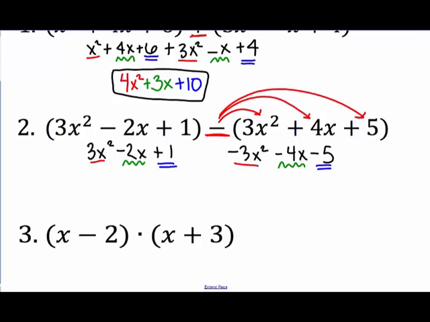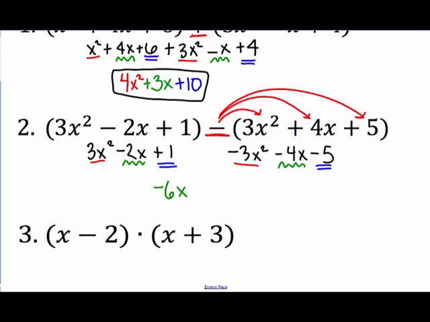So 3x squared minus 3x squared will give me 0x squared. So I do not need to write that because they cancel out. If I combine my x's, I have a negative 2x minus 4x, because it is a negative 4, so negative 2x minus 4x is going to give me a negative 6x.